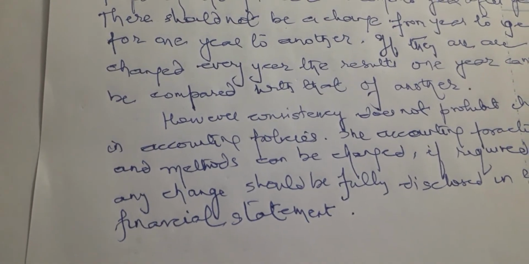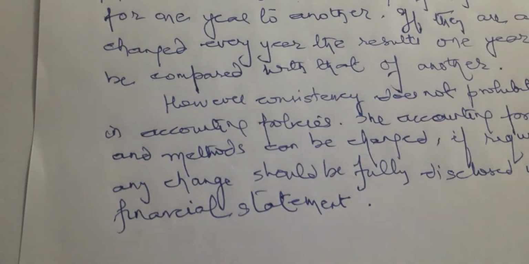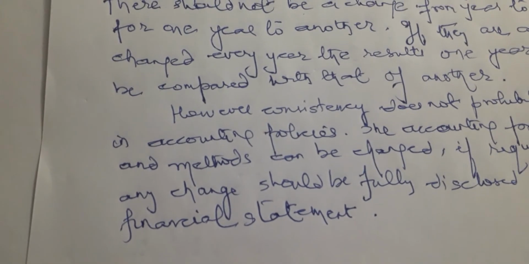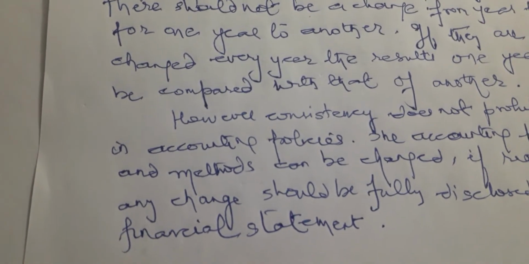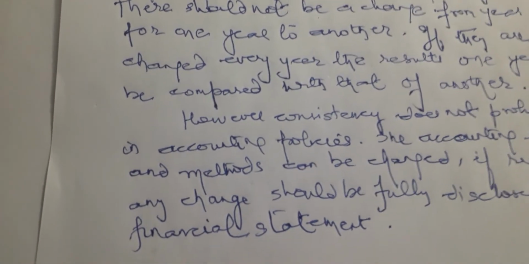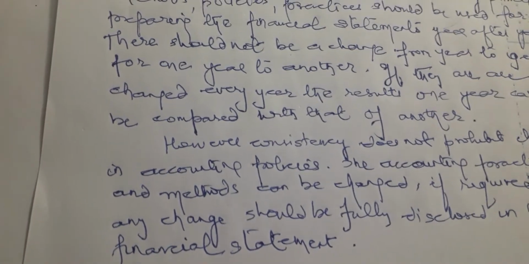Frequent change in accounting treatment will make the financial statements or books of accounts unreliable to the users, to the customers, to the investors, and there will be confusion in their minds, and our books of accounts will become unreliable.